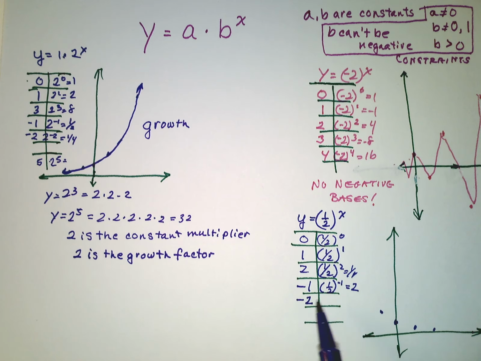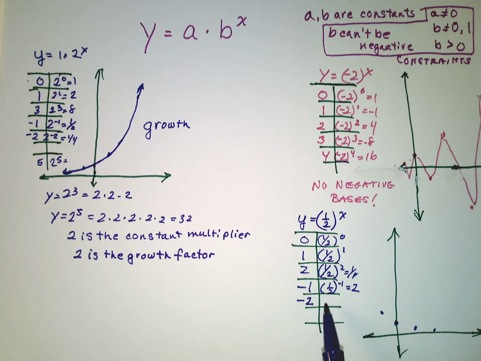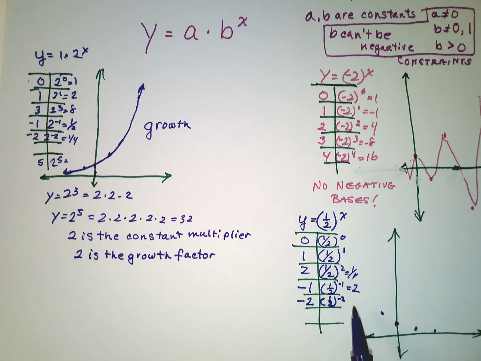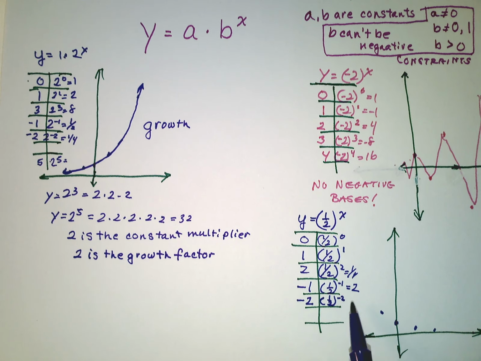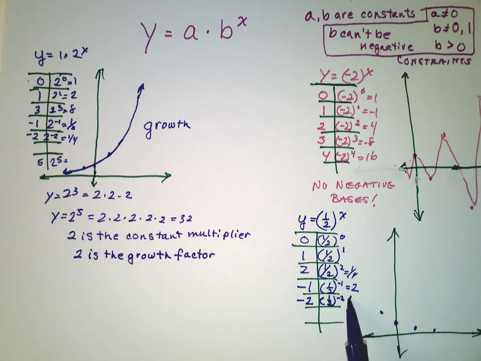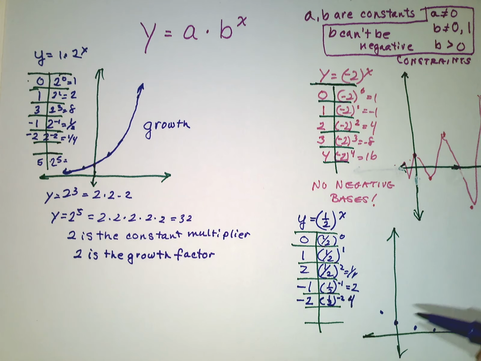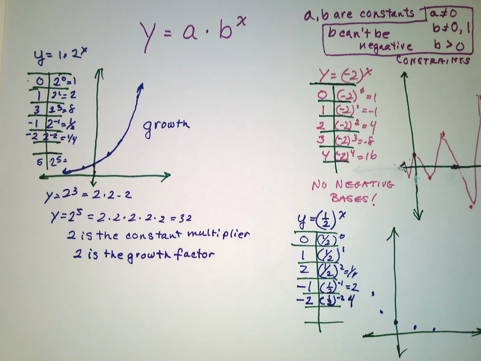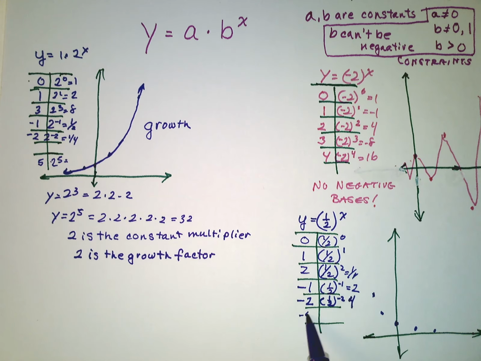If our exponent is -2, well, that'll be the reciprocal on 1/2 squared, which is the reciprocal of 1/4. If x equals -4, we got 1/2 to the -4 power.